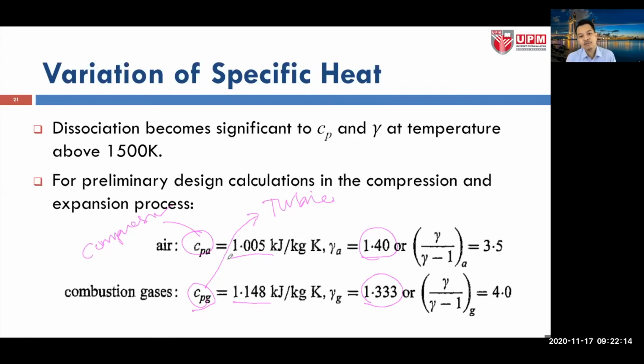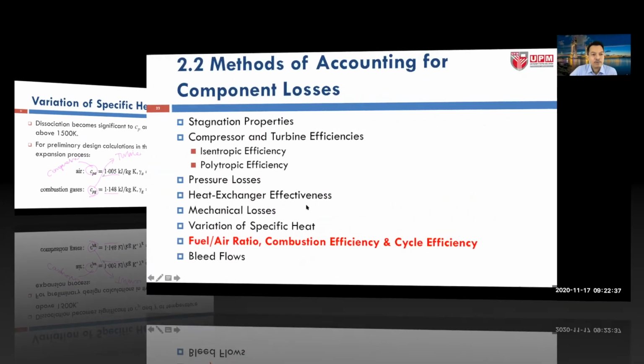Those are the two situations. You will see this in the example that we are going to go through later on, when to use Cpa of 1.005 and when to use Cpg of 1.148. If you use the wrong values, you will get the wrong answer.